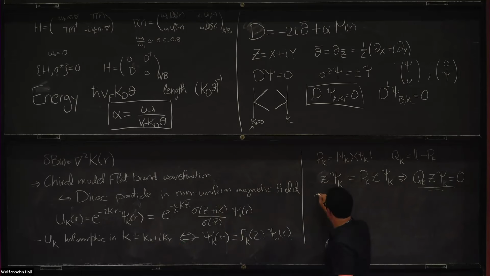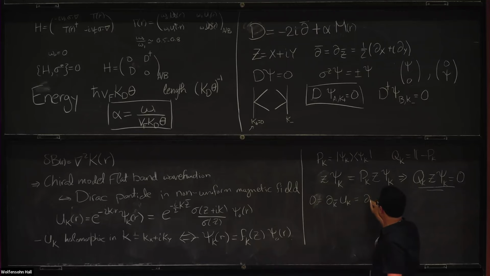So if U of K is holomorphic, it means that 0 is equal to dk bar U of K. And then I can write U of K as e to the power minus I k dot r times psi of K. Acting with the derivative first acts here, gives me minus I half Z psi of K plus the other term.